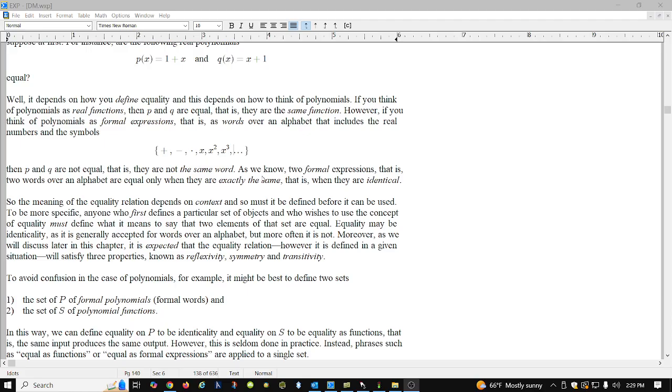Equality could be identicality, like it is for words over an alphabet. But more often than not, it is not identicality. There's going to be some slack, you might say, some leeway in terms of when two things are equal, as it would be for polynomials when they're thought of as functions. We wouldn't distinguish between 1 plus x and x plus 1.